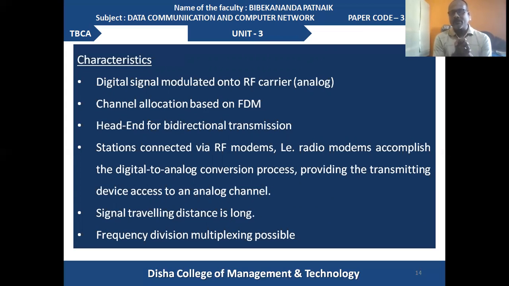The digital signal is modulated onto an RF carrier, which is normally called the analog implementation. The second point is that channel allocation is based on the concept of frequency division multiplexing, or FDM.